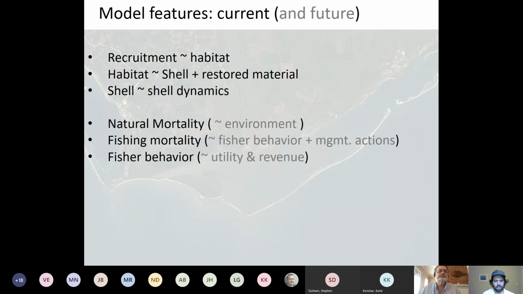So we would have fishing mortality changing as a function of fisher behavior and management actions, should management actions constrain effort like they currently have in Apalachicola, and when we parameterize a fisher behavior model. What that means is basically saying the fisher behavior will be a function of their anticipated utility or revenue that they would get. And that's what would make it a socio-ecological model, where you have the feedbacks between the people harvesting and the actual resources.